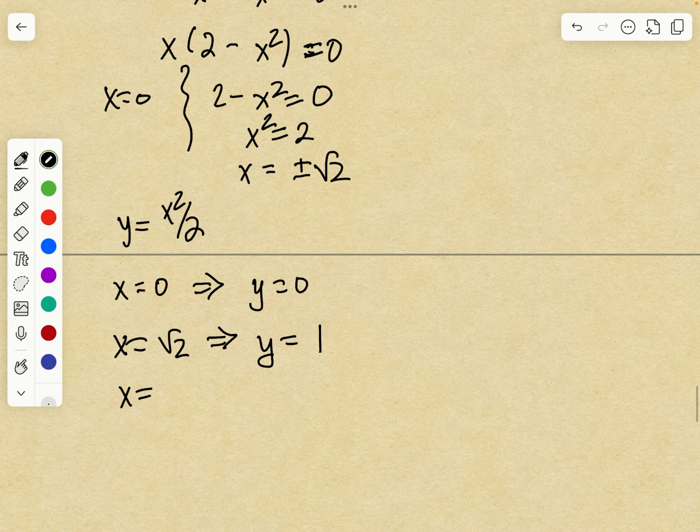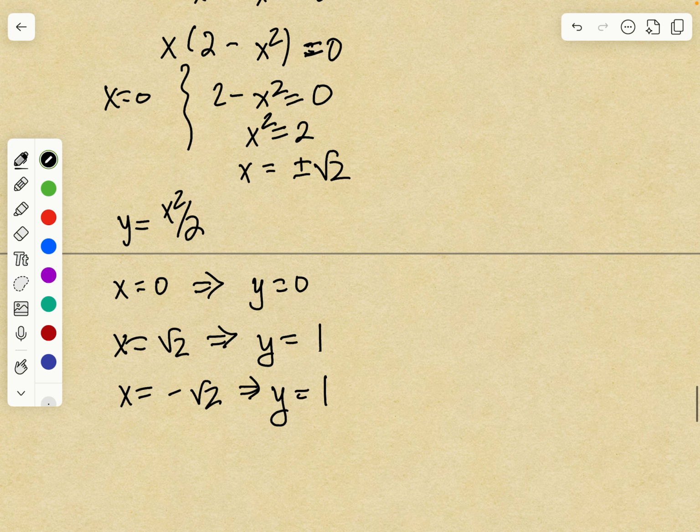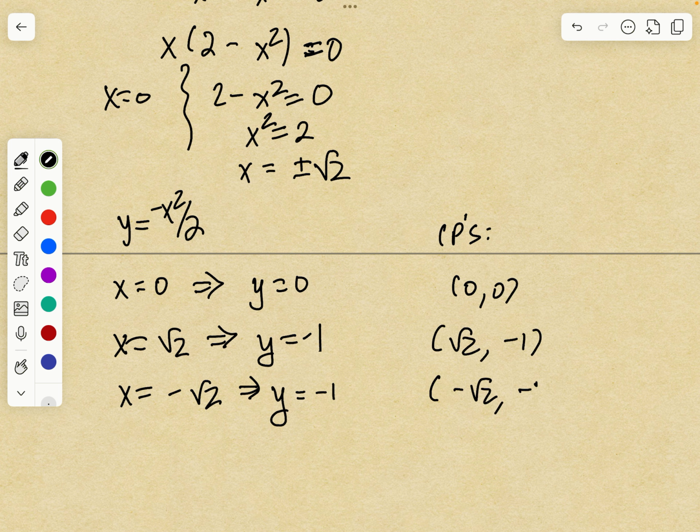And if x equals negative root 2, I also get 2 over 2, so 1. Did I do that right? Oh, it's negative x squared over 2. Okay, negative 1.